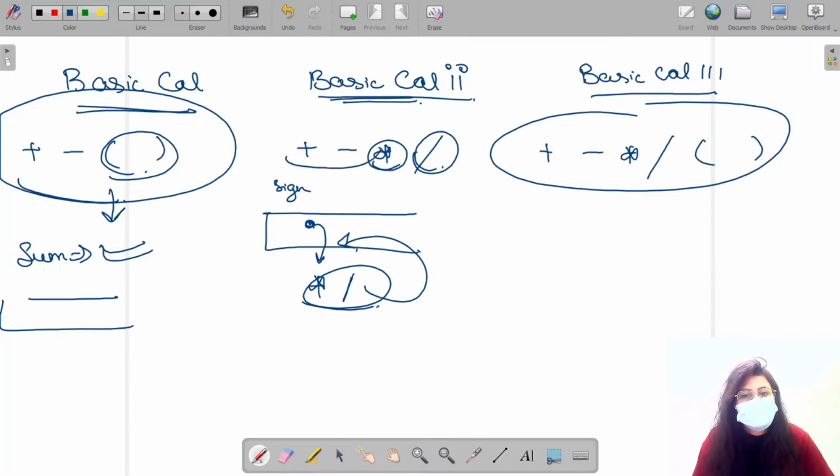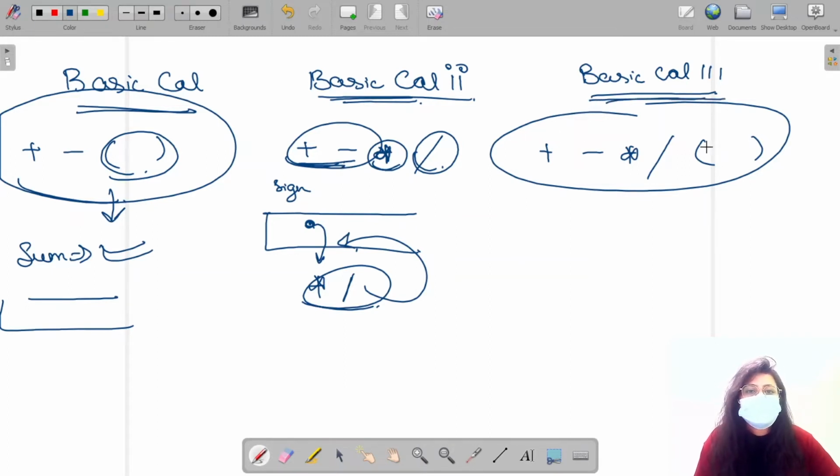Then we were doing the plus and minus operations, because as you all know, division and multiplication have more priority than addition and subtraction, right?